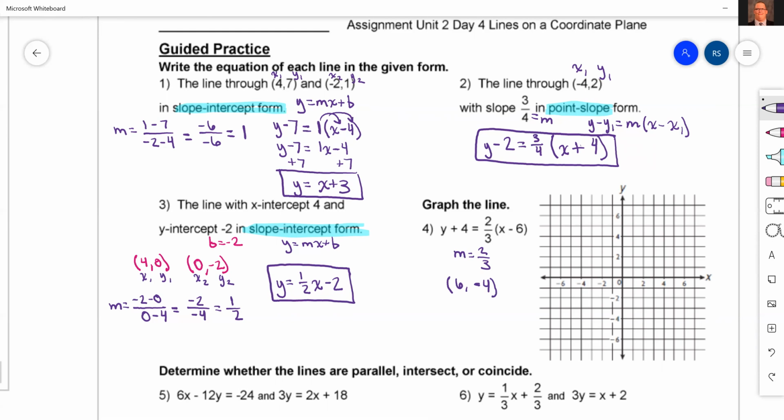Now, why not (-6, 4)? Because remember, our equation has minuses right here in point slope form. So minus means we've got to take the opposite.